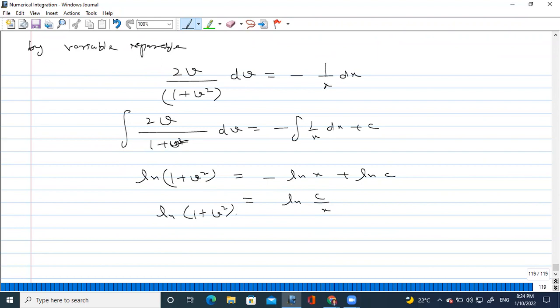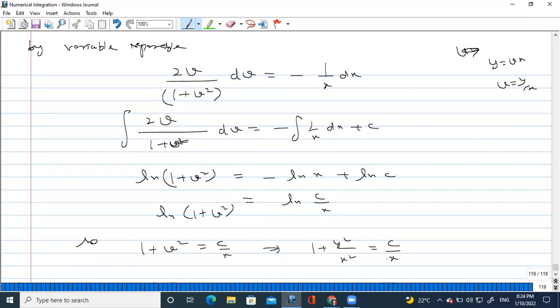Now comparing on both sides, 1 plus v square is equal to c by x. Now put the value of v, because we have put y equal to vx, so v will be y by x. So it will be 1 plus y square by x square will be c by x.